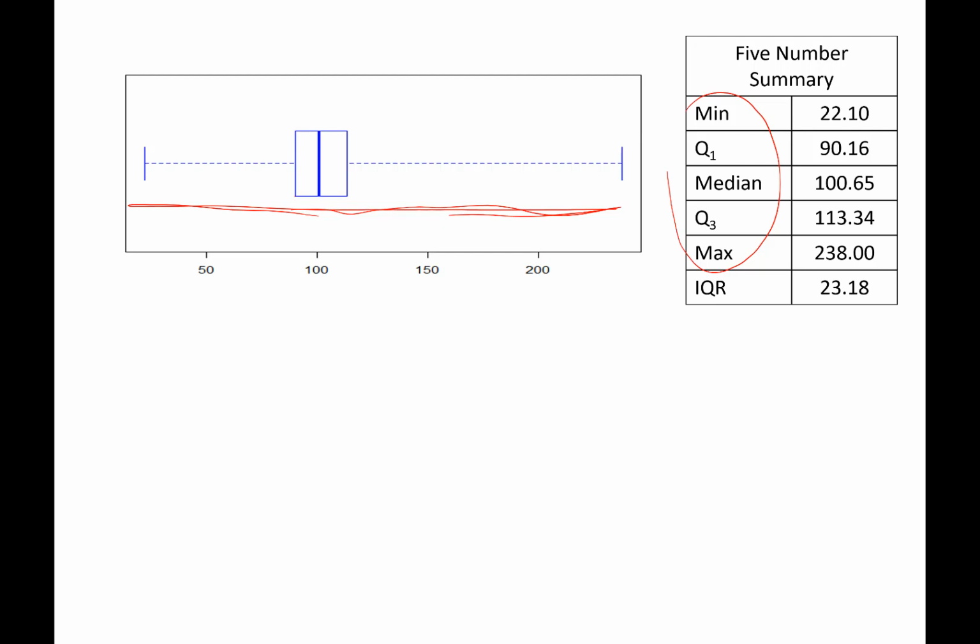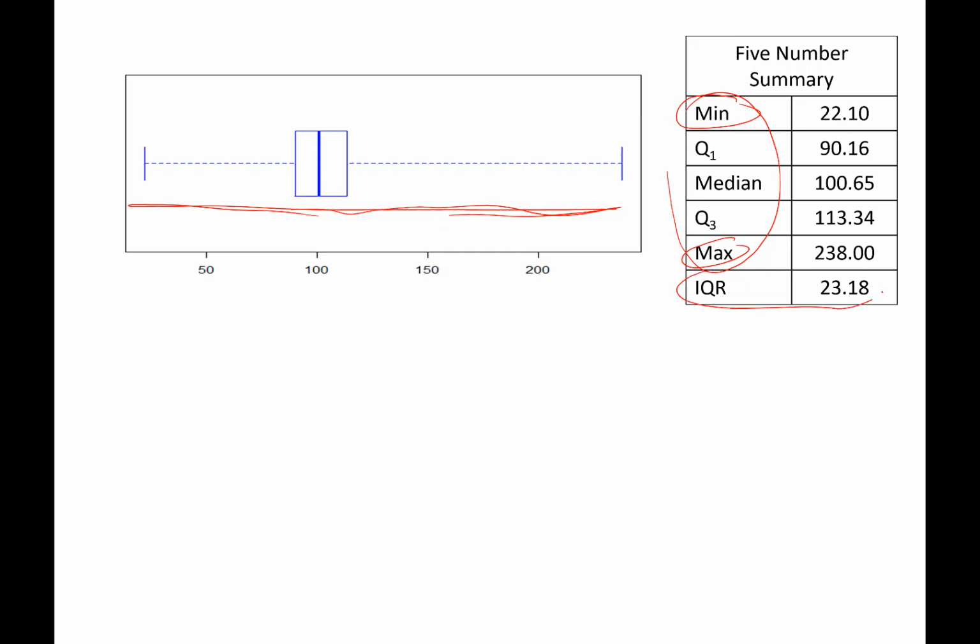So now here, there may be some outliers or potential outliers. And so with the modified box plot, instead of the minimum or the maximum, we're going to replace the minimum with Q1 minus 1.5 times the IQR, and we replace the maximum with Q3 plus 1.5 times the IQR.